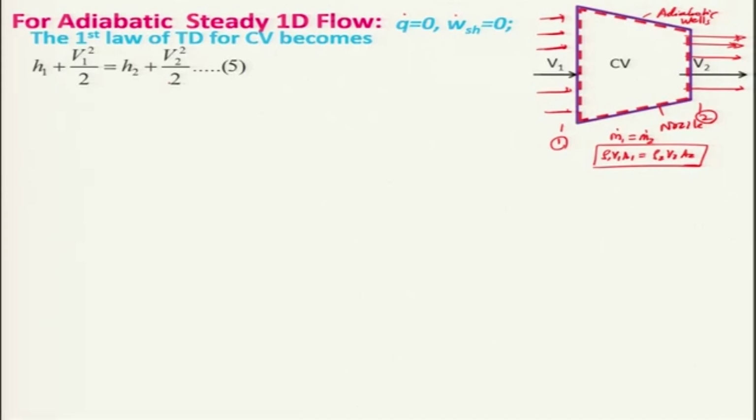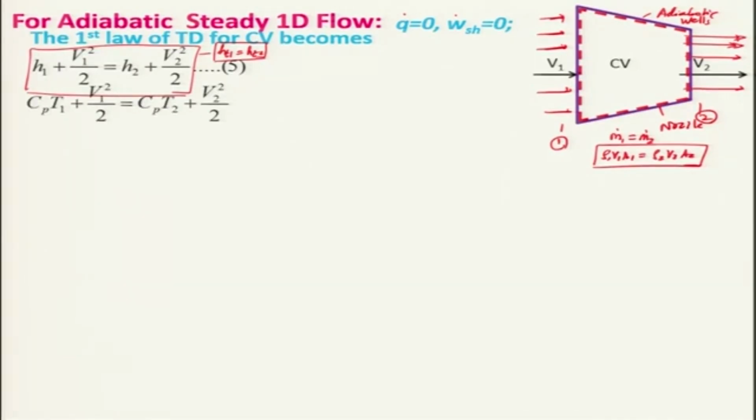Keep in mind that here we are not considering the potential energy term or the gravitational effect. So, therefore, what it says is that the total enthalpy at station 1 is equal to the total enthalpy at station 2. I can write this as this expression. What it is saying is basically hT1 is equal to hT2. Of course, I am going to define that later on, and you people are aware of that.